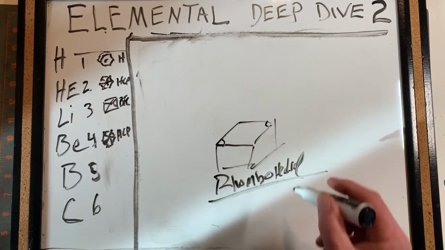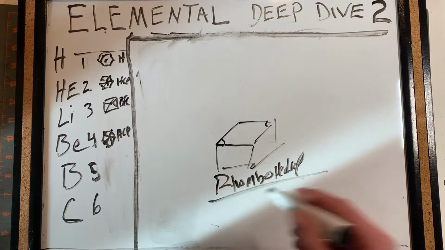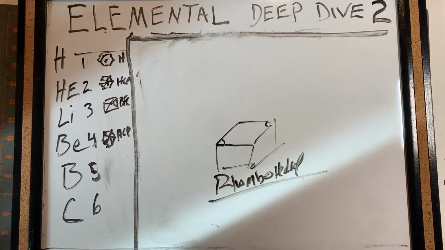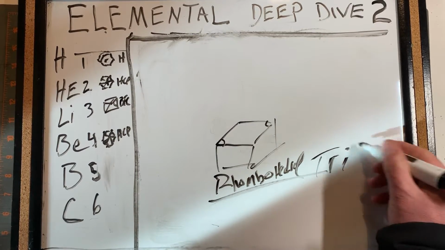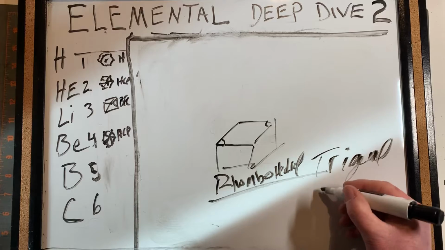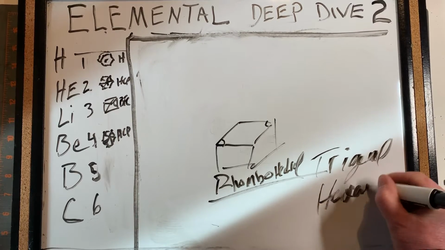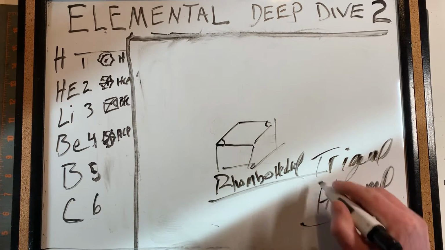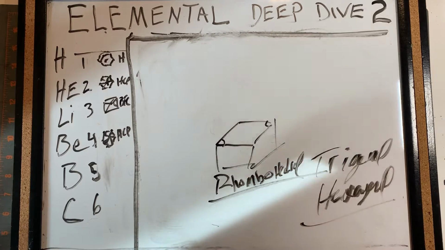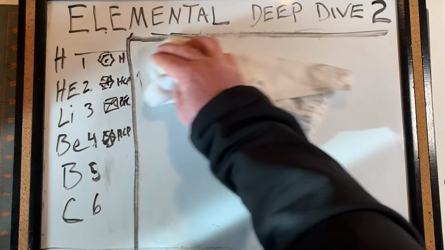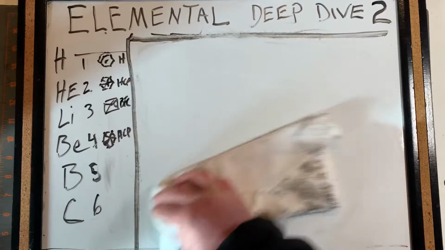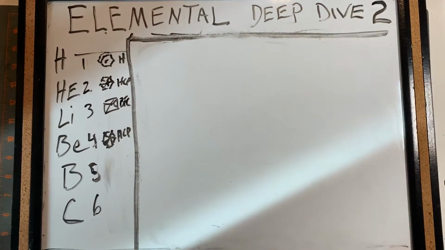What's interesting about this one is that it makes up the other family, the trigonal and hexagonal. These are the 2 types of crystal lattice families. Go Google the rhombohedral. That's a cool one, but I'm not going to get too much into it.